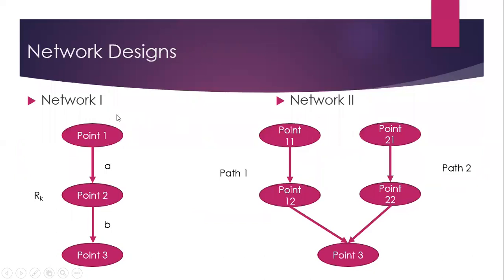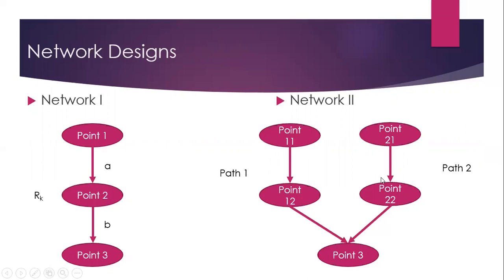So a supply chain network includes paths. The path may be one or more than one. The path includes nodes or facilities, that is point 1, point 2, point 3, and links between these nodes, represented in this example as A, B, C, D, etc. The nodes are labeled like this: point 1,1, because this is the first path and the first node, then point 1,2, path is first and the node is second.